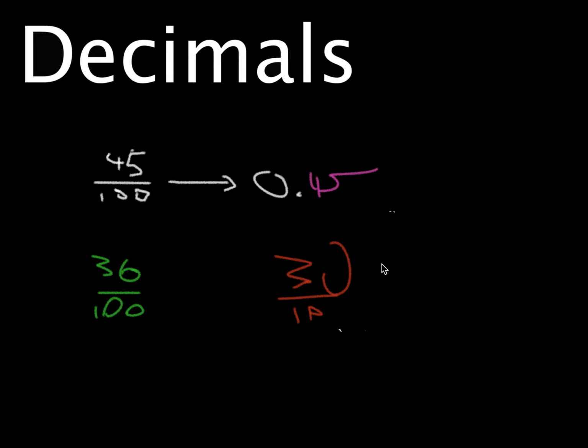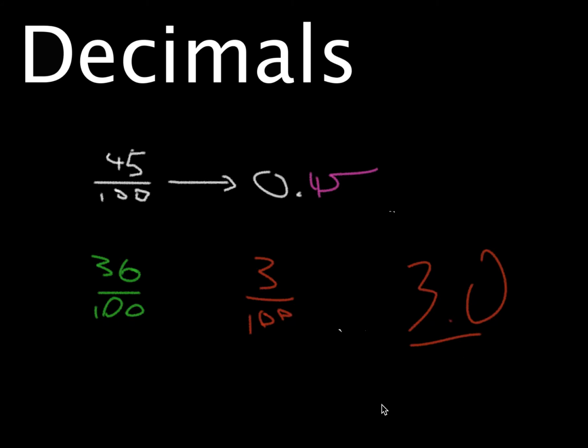If we have 3 out of 100, 3 as a whole number will be 3.0. 100 has 2 zeros, so we move the decimal 2 times to the left, and we can put a 0 over here.